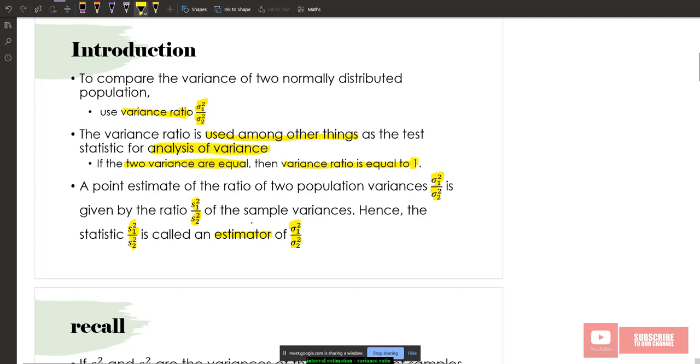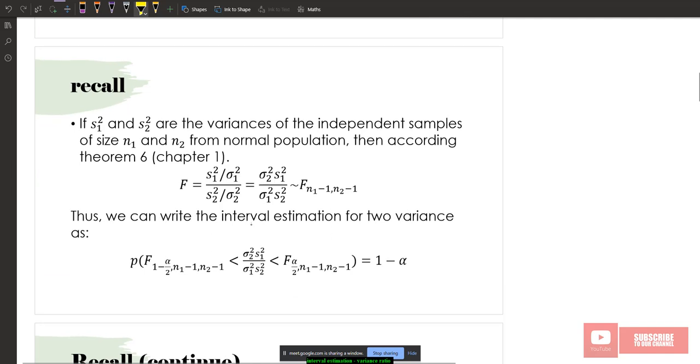Now, let's recall a theorem in chapter number 1, which is theorem number 6.